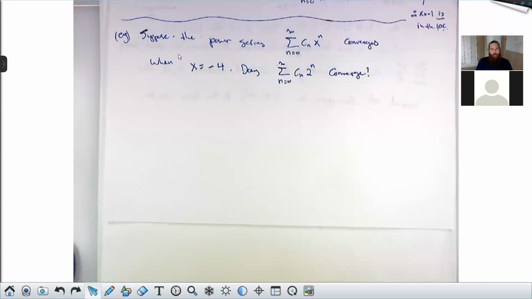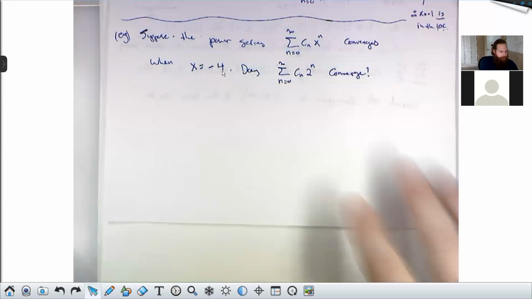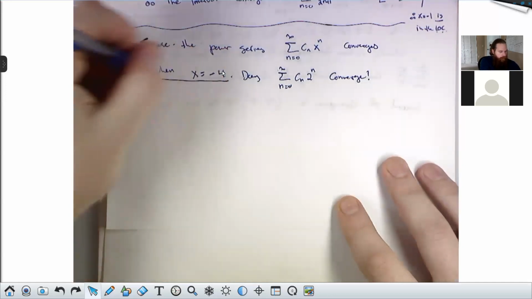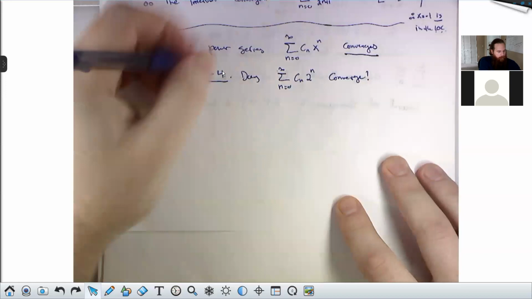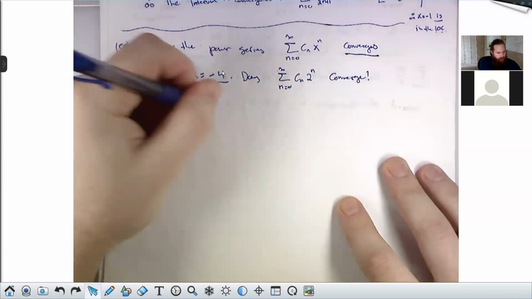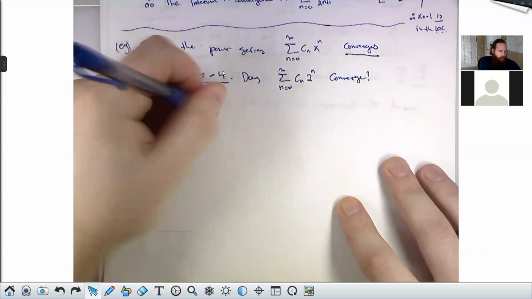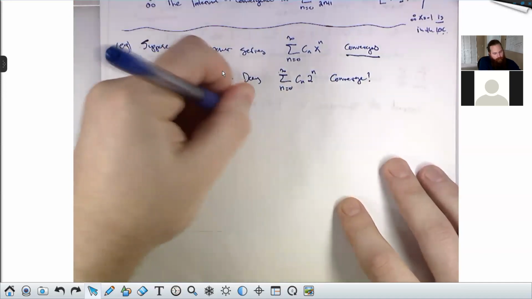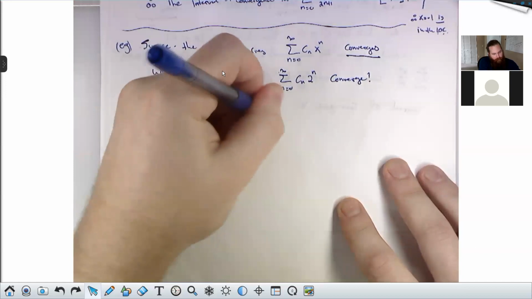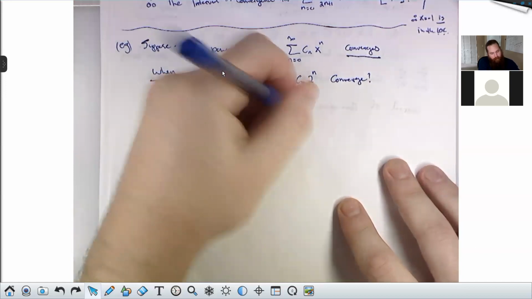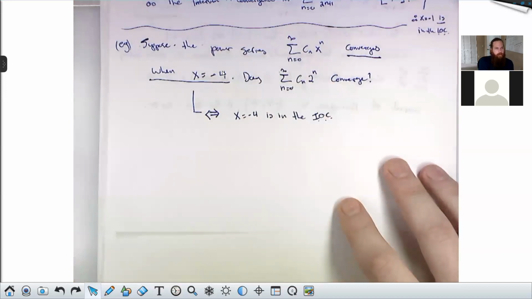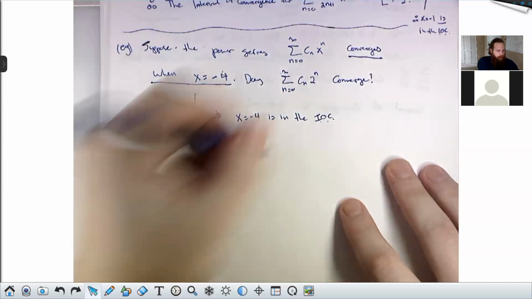The series converges when x equals -4. This is equivalent to saying x equals -4 is in the interval of convergence.